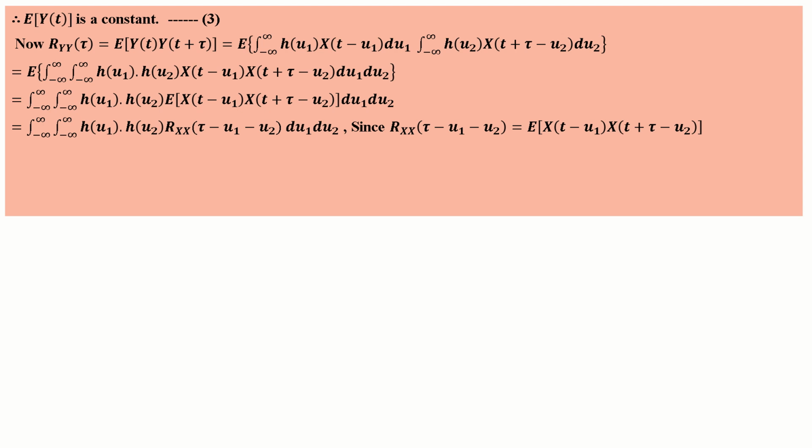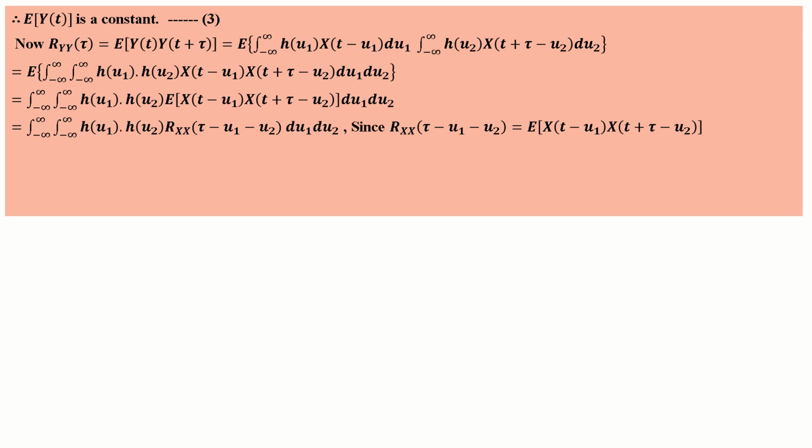So whatever the t value, you are considering only the time t. Here you have x(t minus u1), whatever it is, and x(t plus tau minus u2), where the time is increased.